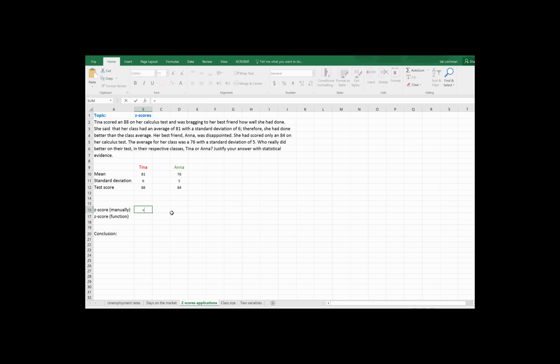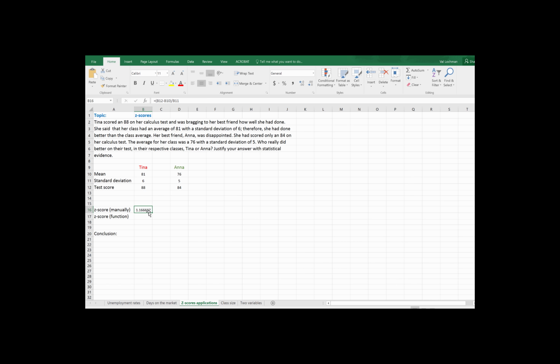Okay, so what we're going to do is the following: test score minus the mean divided by the standard deviation, right? Okay, so the z-score for Tina is 1.16 repeating, right? So she is 1.17 standard deviations above the mean. Okay, so yes, she did better.